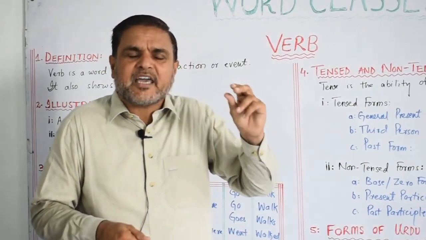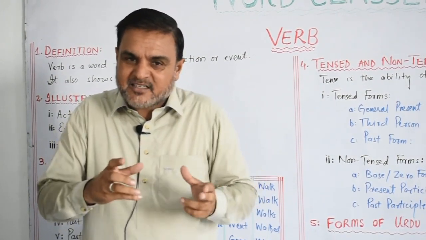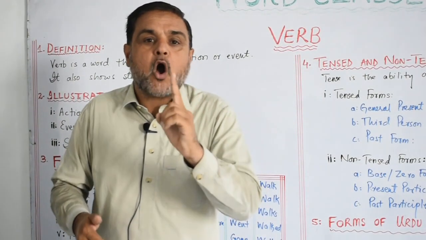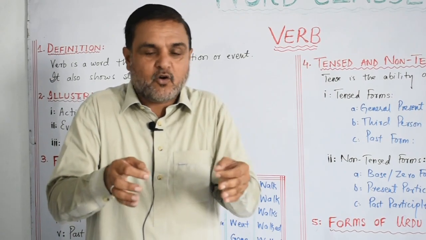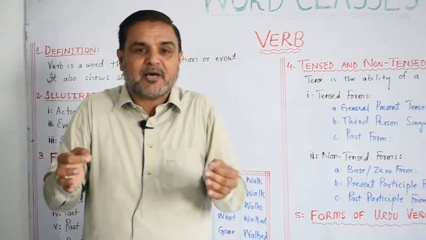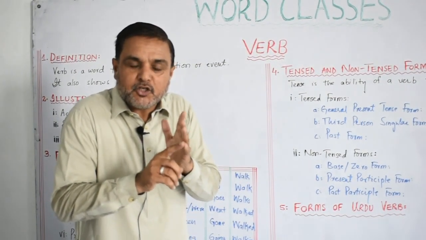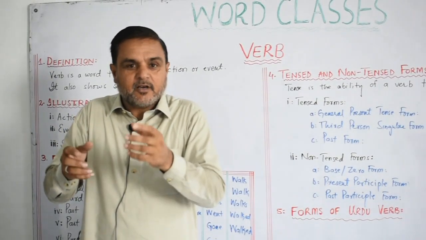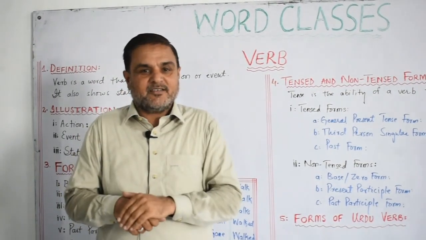And what is the English word that we use to represent this change of state? We can say drop. Yes, I have dropped the marker, or I can simply say I dropped the marker. Fine, the word drop shows or represents this change of state. So therefore, the word drop is a verb.